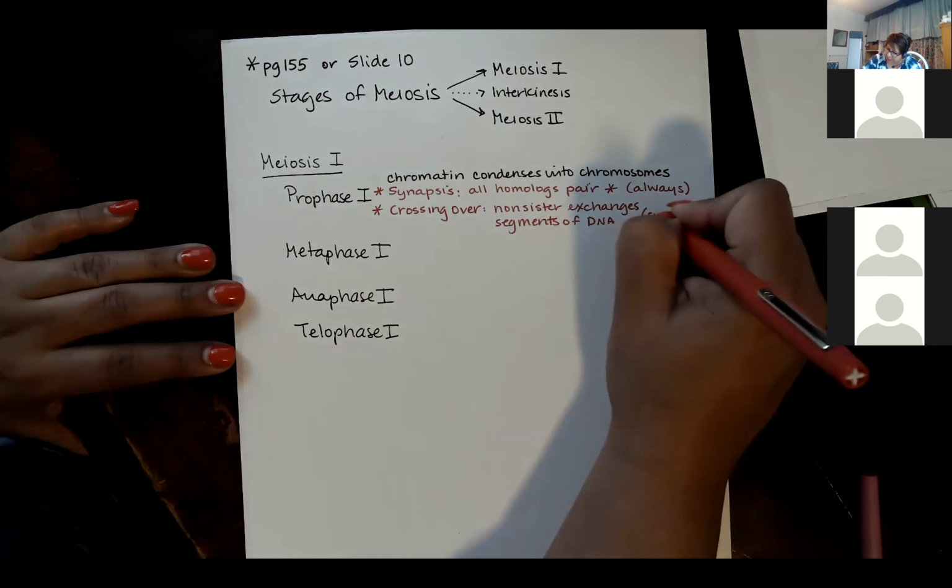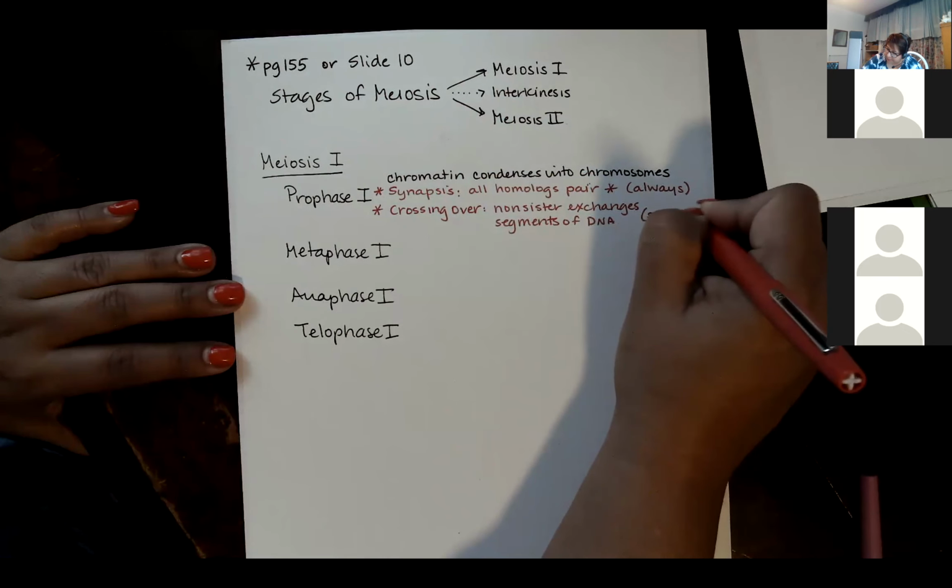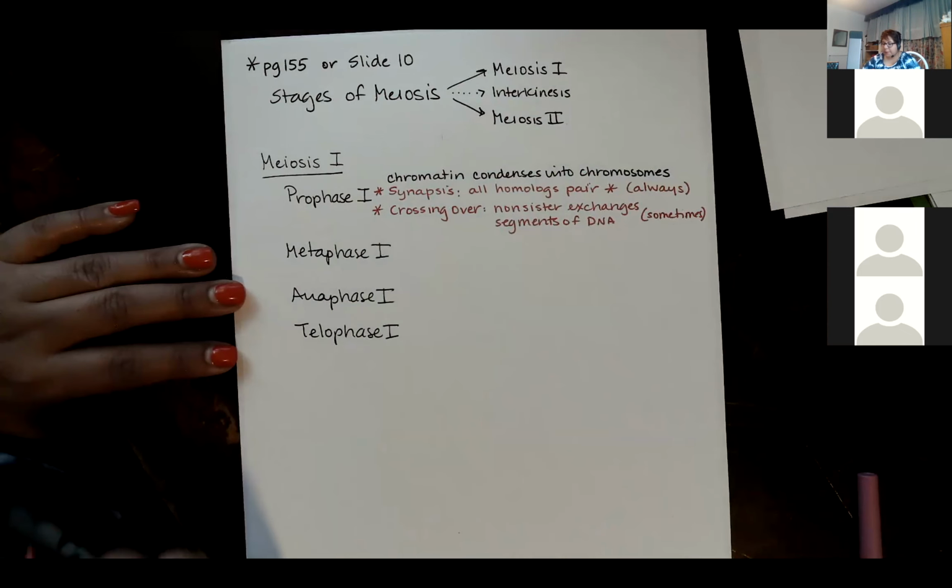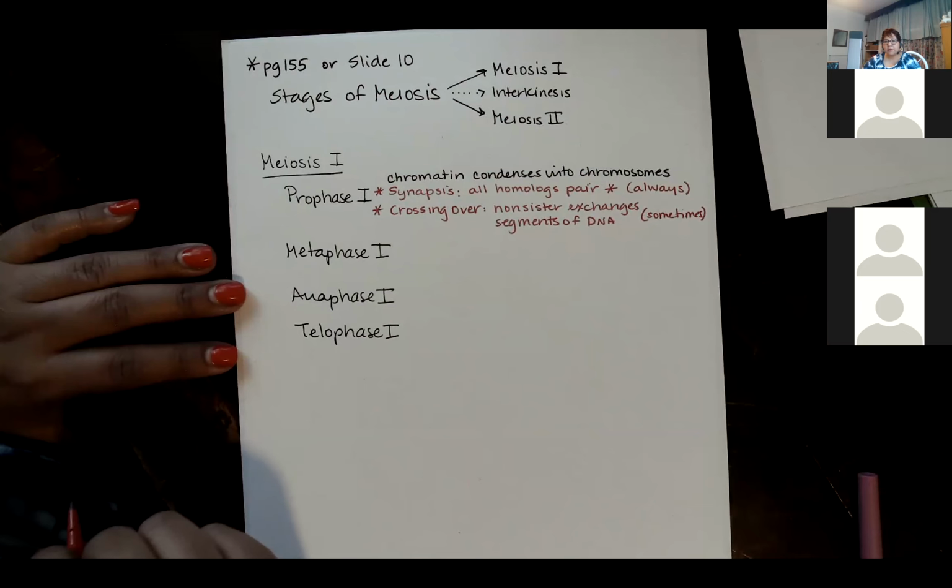So this sometimes happens, but not always. And I'll show you a diagram to kind of explain what we mean. But synapsis always happens, crossing over sometimes happens.